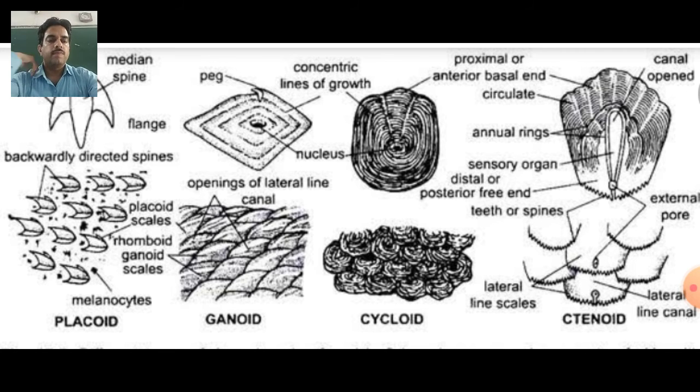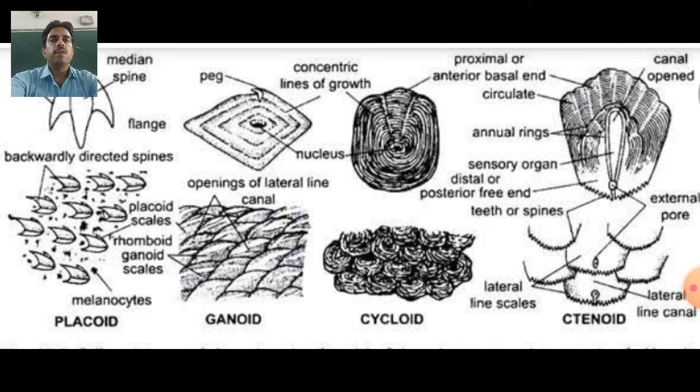So in Sarcopterygii, there are two types of fishes, lobe-finned fishes and Dipnoi, and those are all extinct fishes. So cosmoid scales were only present in extinct fishes.